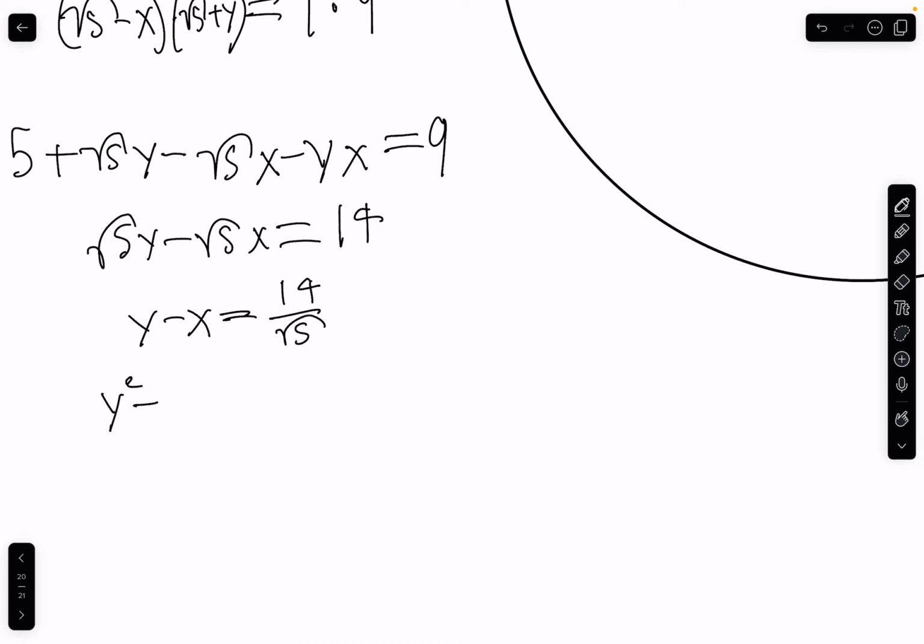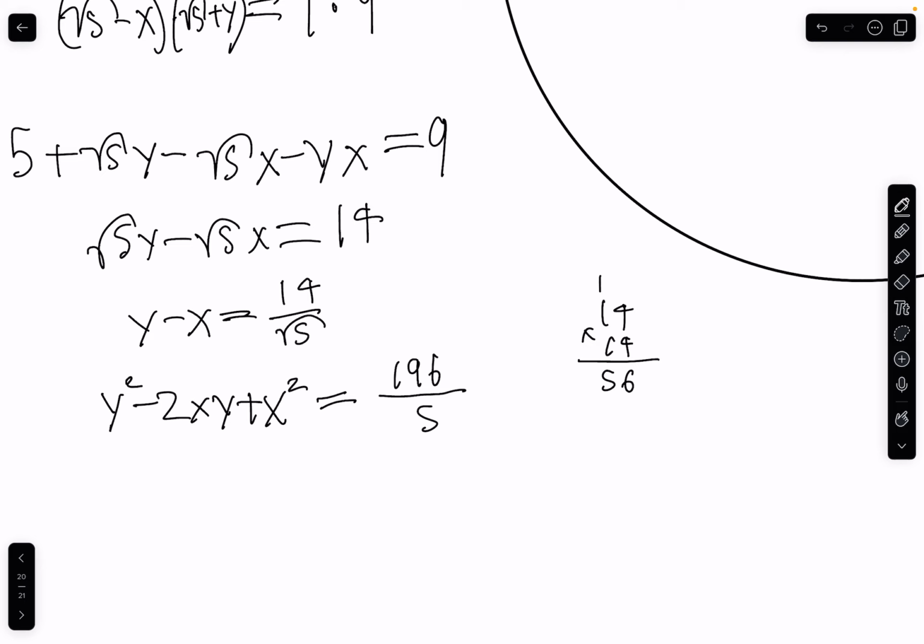If we have y squared minus 2xy plus x squared equals 14 over the square root of 5 squared, so 14 squared is 196. So y squared minus 2xy plus x squared equals 196 over 5.